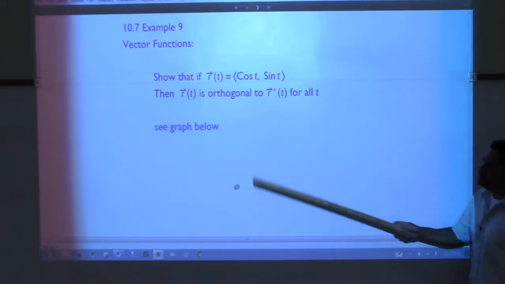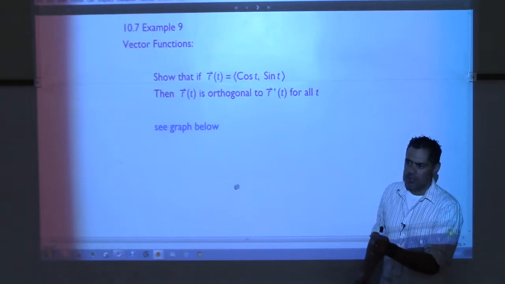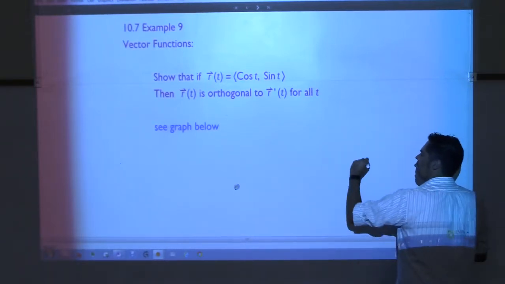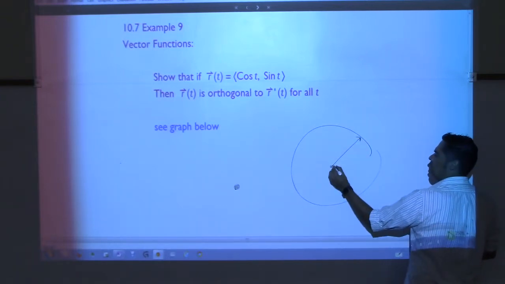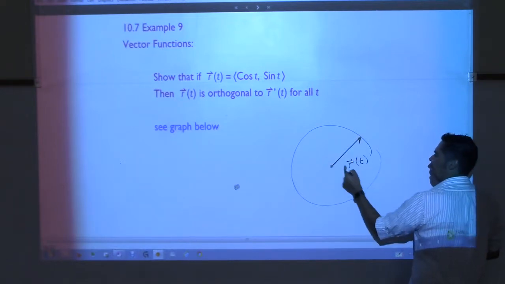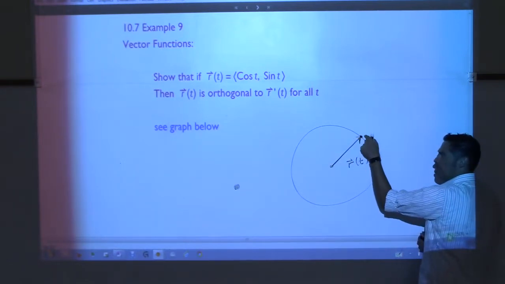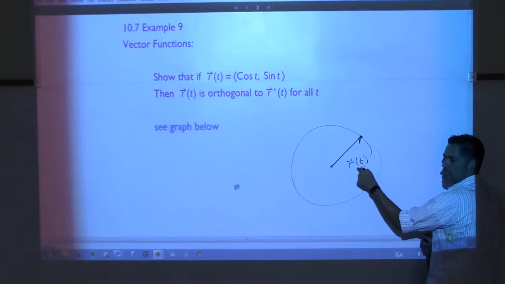Now remember, r of t is a vector that goes from the origin to the point on the circle. So at some point in time we're going to have a vector r of t here. And even though we look at it as a point, it's actually a vector from the origin to that point. That's r of t.